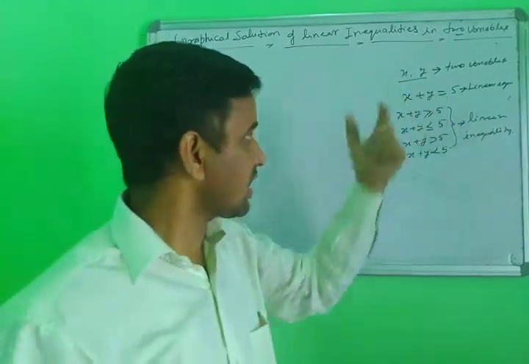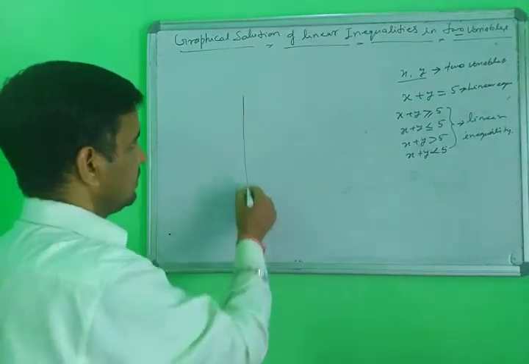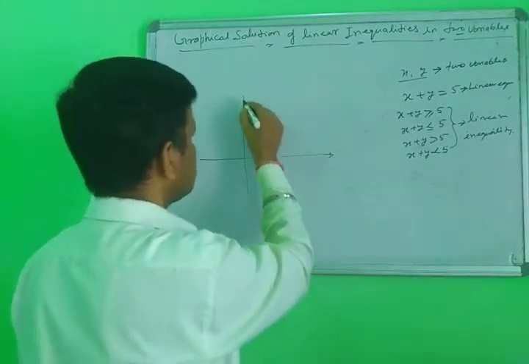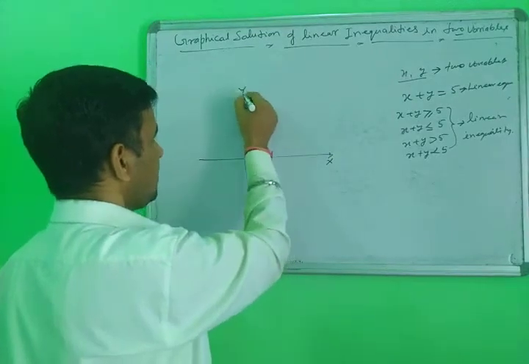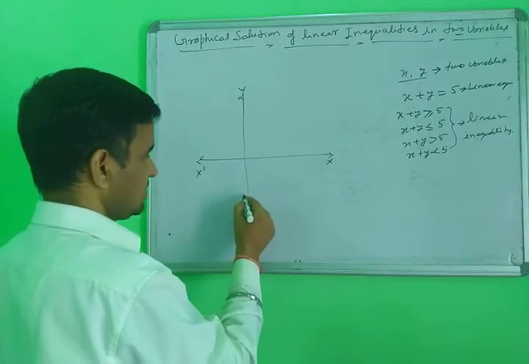Suppose you are drawing the graph of this. This is the two-variable plane, with x and y axes, and x dash and y dash.